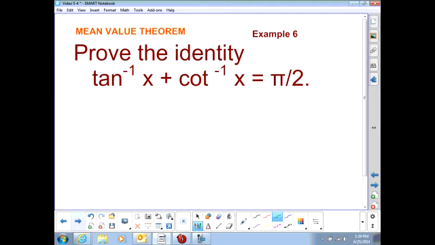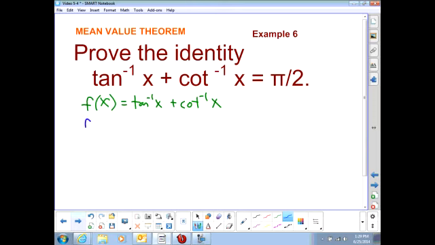We are going to prove that this identity is true. What it means to be an identity is that no matter what x value you plug in, you get the same thing back. We're going to call f of x tan inverse x plus cotangent inverse x.